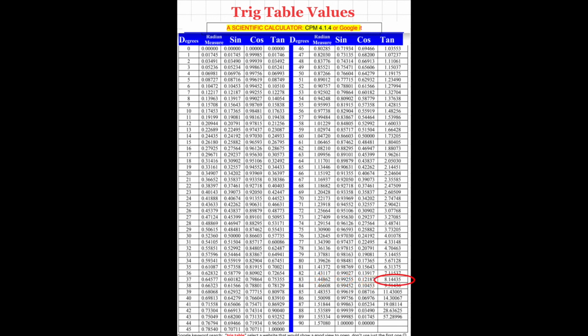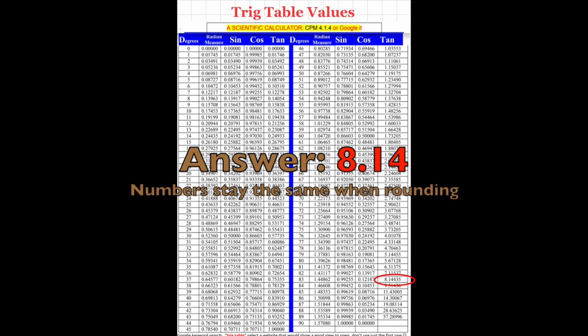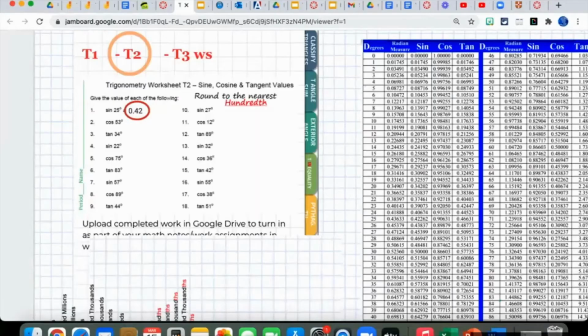And here is the box. The number is 8.14435. Unfortunately, this one is not going to round up. It's staying the same because the answer is 8.14. The number to the right of it is 4. It's not 5 or more, so it's going to stay the same. 8.14 is the answer.